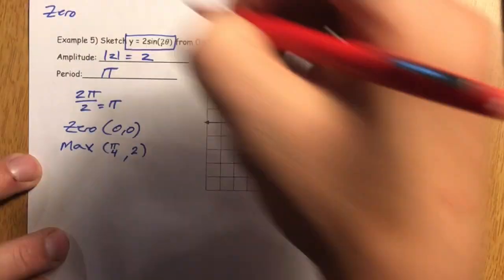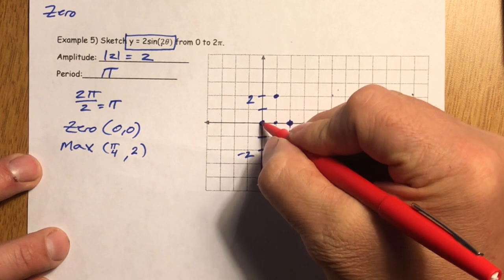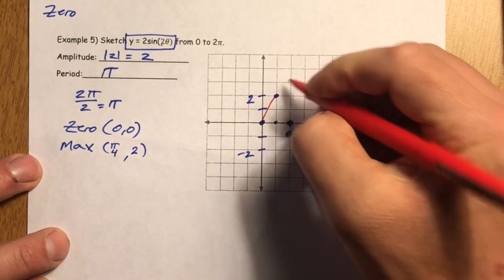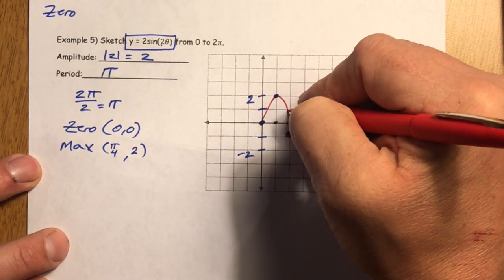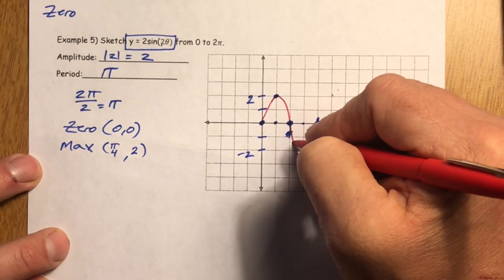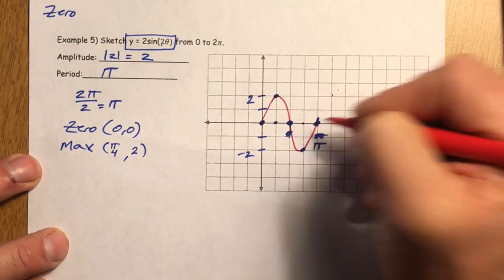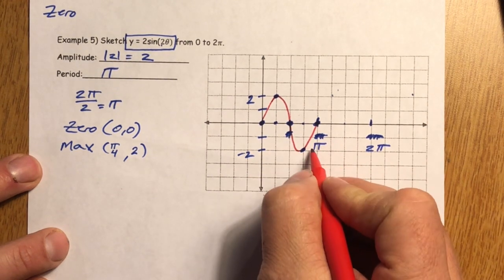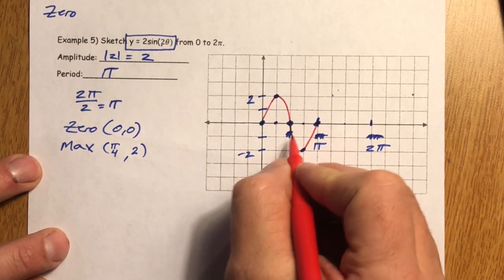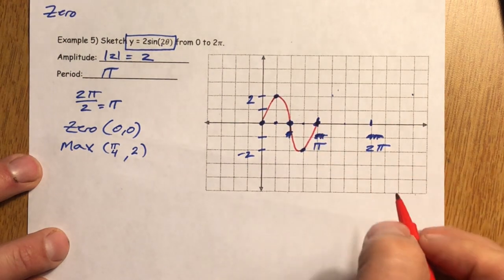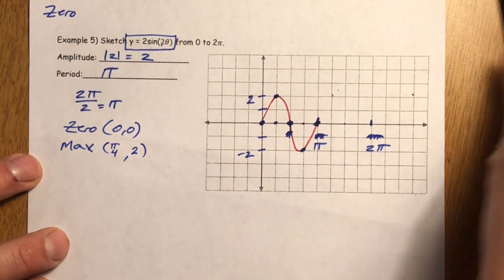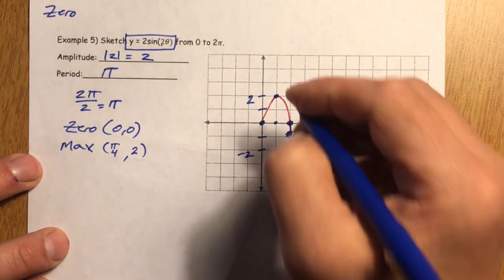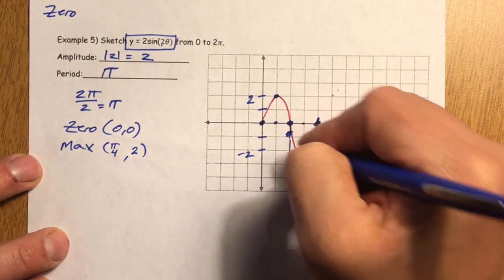I know it's kind of hard to see, but I start at 0, 0, I go up to my max, my 0, my min, and my 0. So the reason why I pushed that pi, I had to erase those and push those back, is because I wanted to be able to fit that in there nice and evenly. And it's sometimes easier to label these points after the fact.